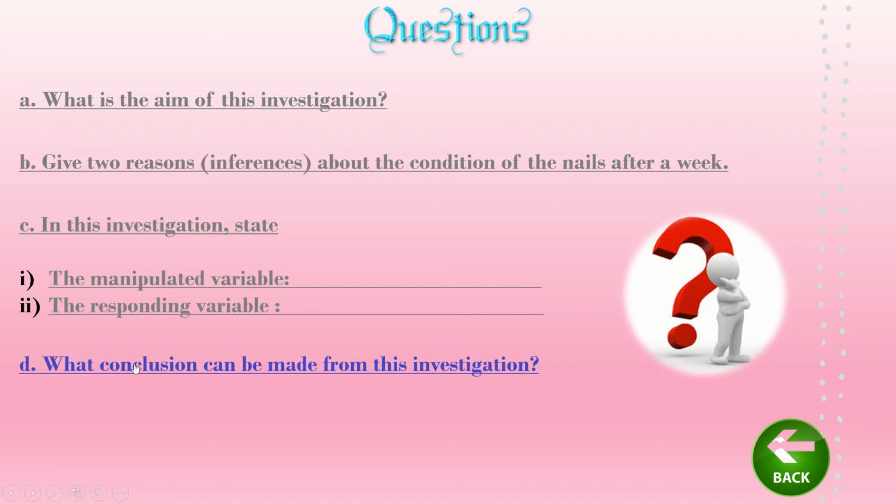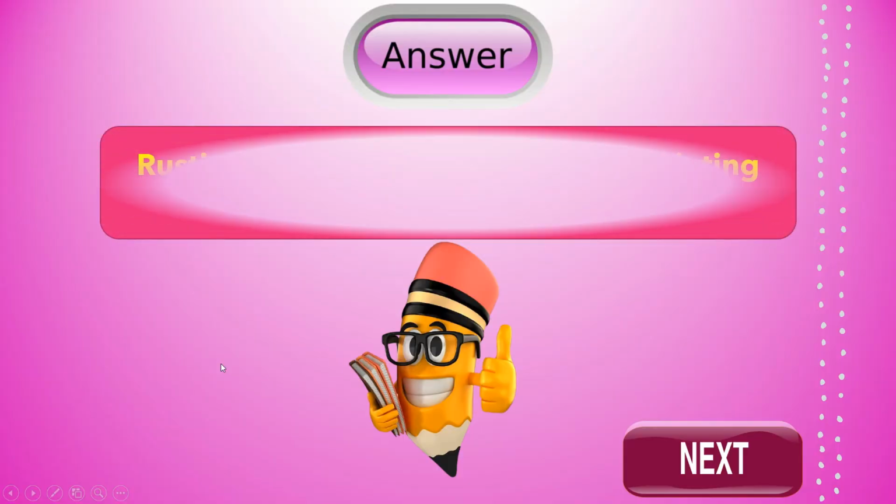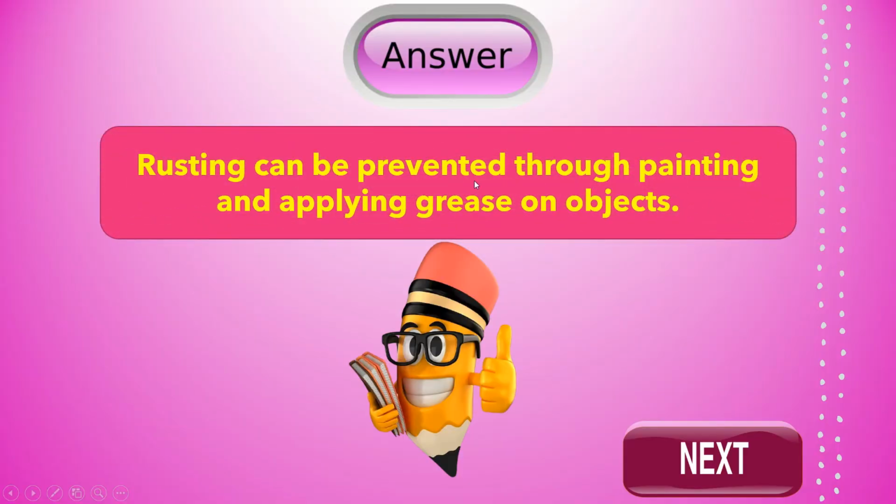Question D. What conclusion can be made from this investigation? Conclusion is always positive. That means you make an overall statement of the investigation. Rusting can be prevented through painting and applying grease on objects. So this is the conclusion of the investigation.